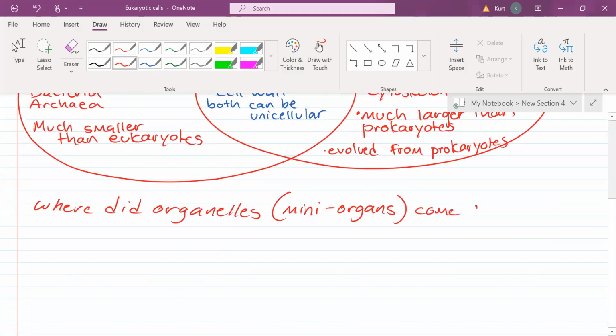We're going to identify where they exactly came from. So there's 2 theories. Now remember that a theory has evidence, it's been proven, it is backed up, it has been verified. Okay? We have the infolding theory. And we have the endosymbiotic theory.